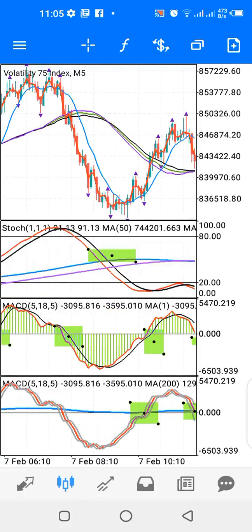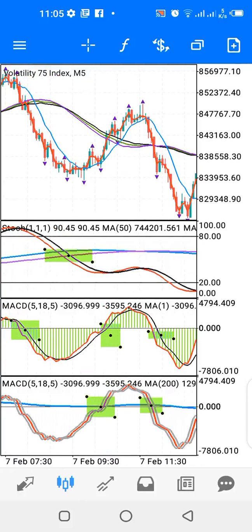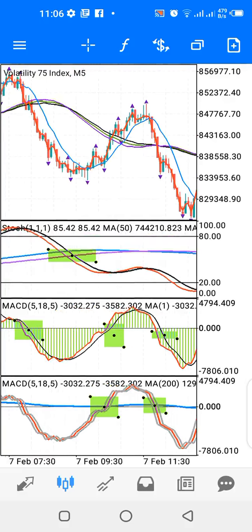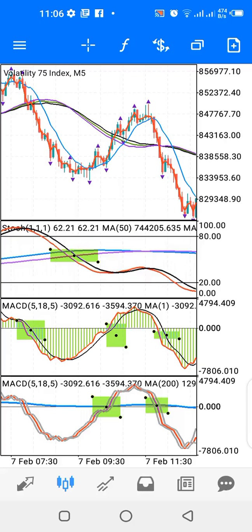All right, the combination of signals on all windows, I'm talking about the main chart, indicator window 1, indicator window 2, and indicator window 3, will give you a good trade entry. Ensure you use stop loss.